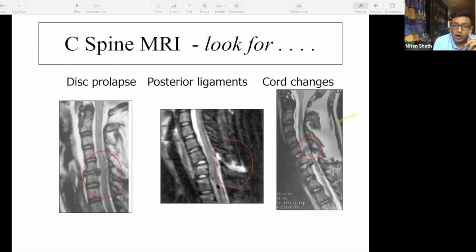And you see the cord, sometimes you see the cord has swollen up and there is a lot of cord signal change. So the three things that you are looking at in a cervical spine MRI are again the alignment, the soft tissue, the disc, and the condition of the cord. These are the things that you're looking at when you're looking at the cervical MRI.